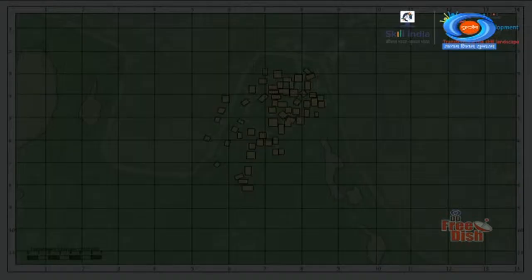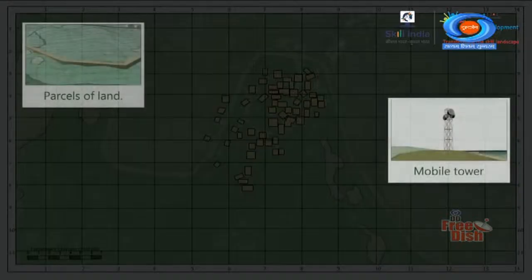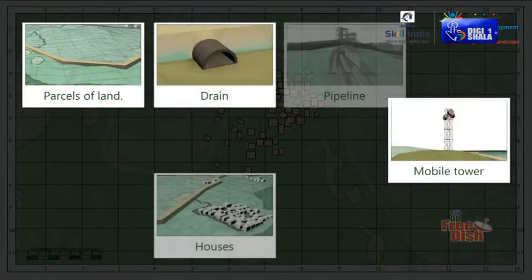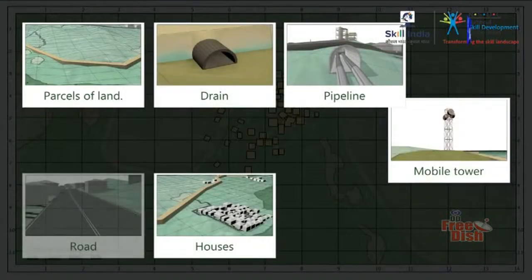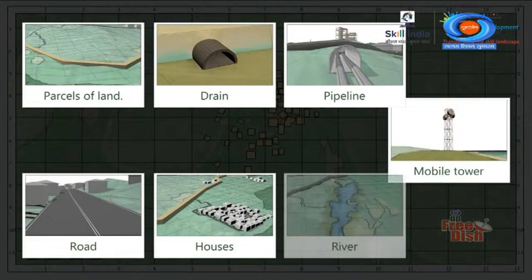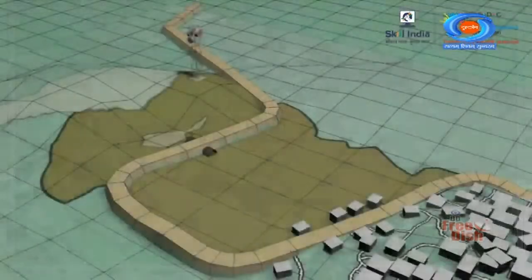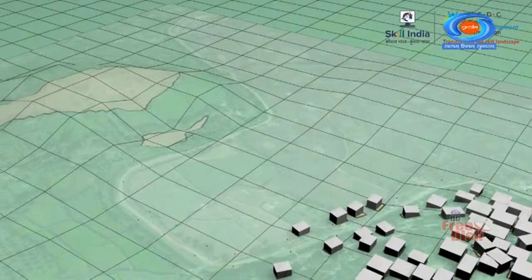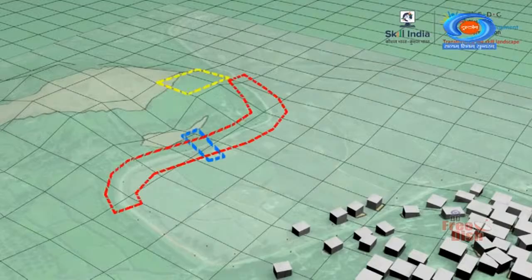Now, how do you think the location and area for the construction of these objects was decided? Let us again come back to Vijay's field and the objects in and around his field. First, determine the area or boundary of the location of the tower, the road, and drainage.